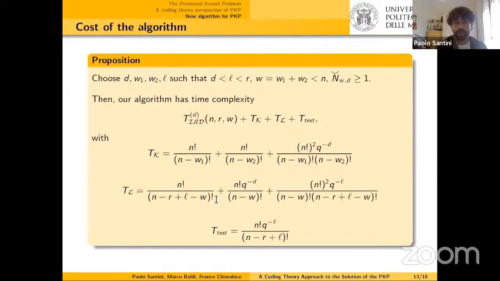In this slide, you can see the running time of the algorithm. And again, I cannot explain all the details, otherwise it will be too boring. But you can see that the analysis is essentially the same that we have for KMP. So we consider the cost of ISD plus the cost of merging and testing solutions.